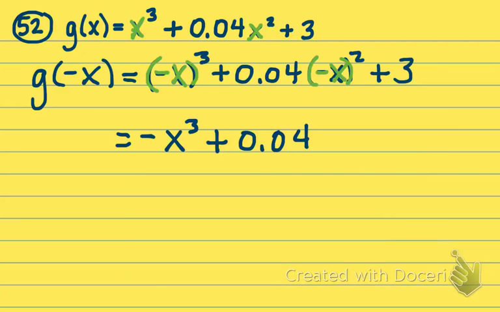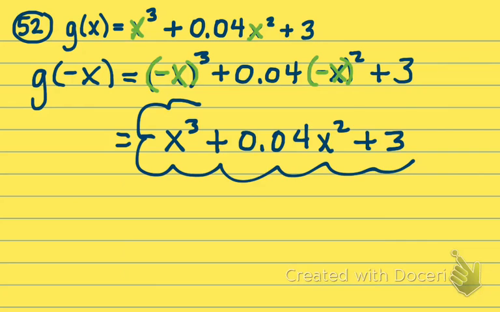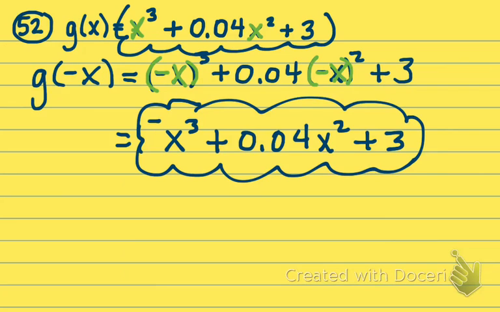A negative x squared, if I square a negative, I get the same thing as if I squared the positive, so the negative becomes irrelevant, and 3 had no x to be changed. So now I compare what I ended up with, and let me make sure I did not mess that negative up. This was a negative x cubed, right? And then I got to compare that to what I started with in order to make my assessment.